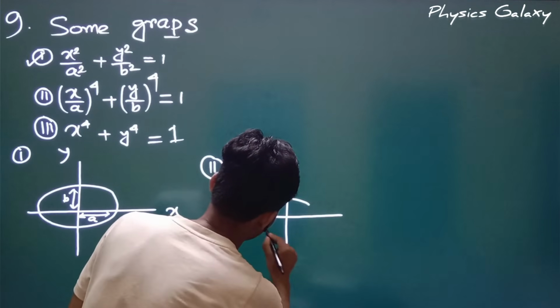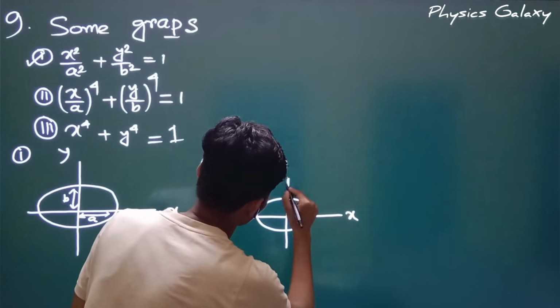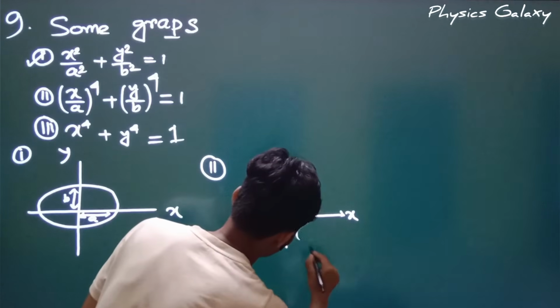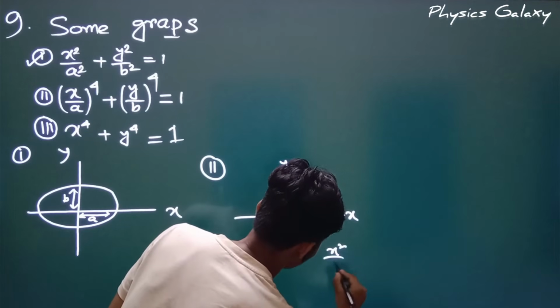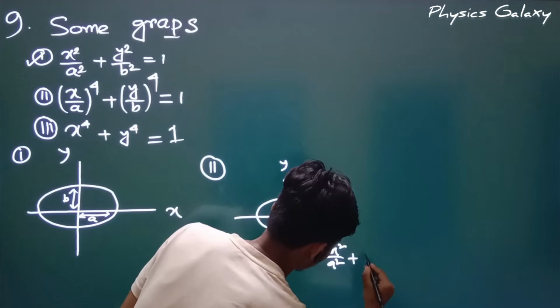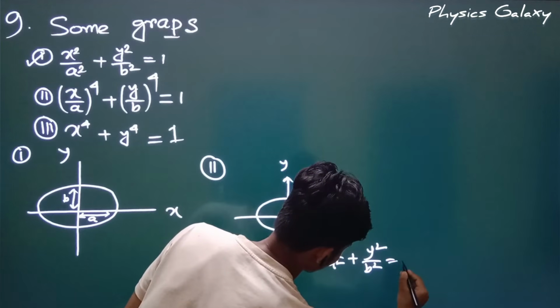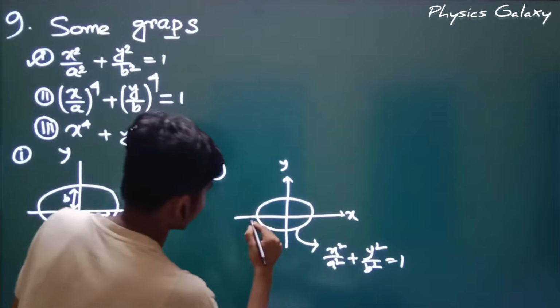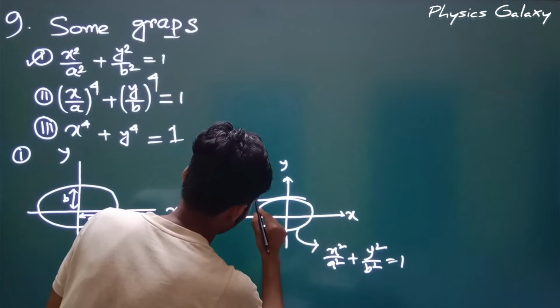As we know from the previous one, this is x squared by a square plus y squared by b square equals 1, and the second one will be like this.